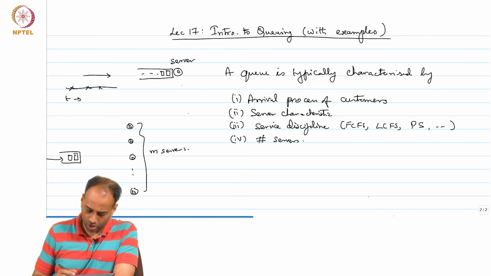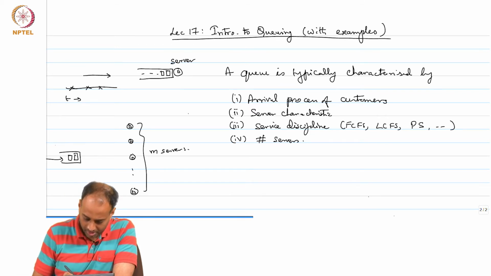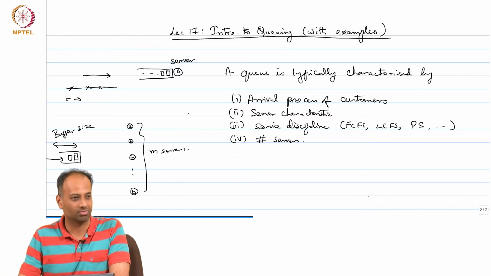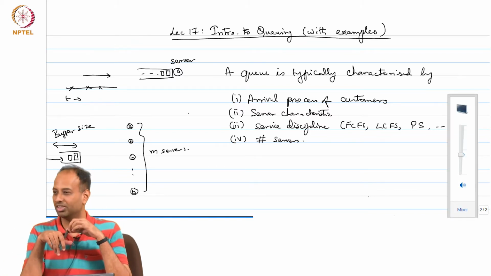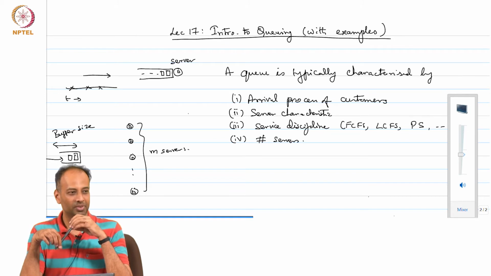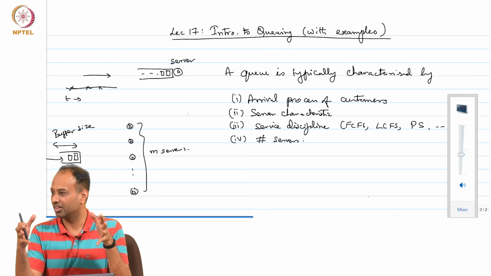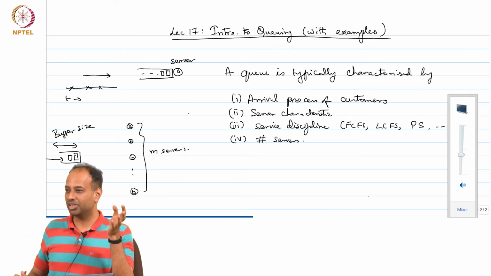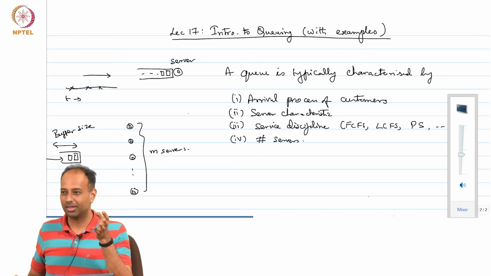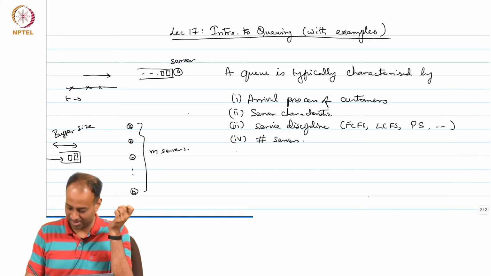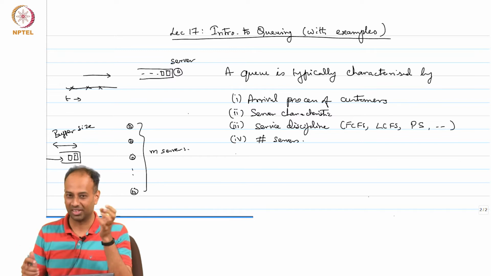Good. Also, the number of customers who can wait, which can be called buffer size. Buffer is a terminology that comes from the communication networks world, where in the internet routers you store up a certain number of packets in a router. But this could just be the size of a hall where you wait, or whatever, it does not have to be a buffer in the sense of a buffer in the internet.